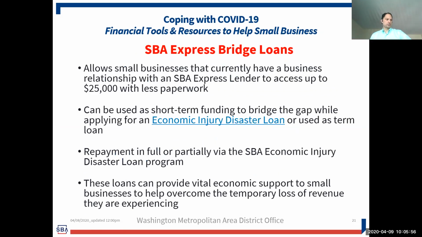Are there fewer lenders in this category than for the PPP? Yes. And this is only for someone who already has an Express loan. So if you already have a relationship with an SBA Express lender, you know who you are, you can access this Express Bridge loan.